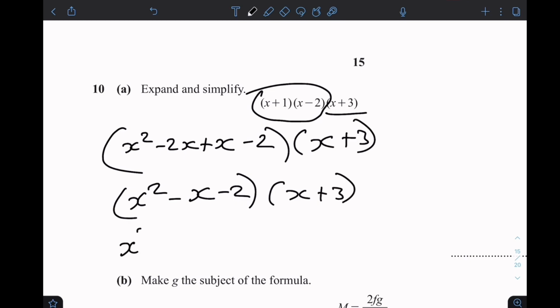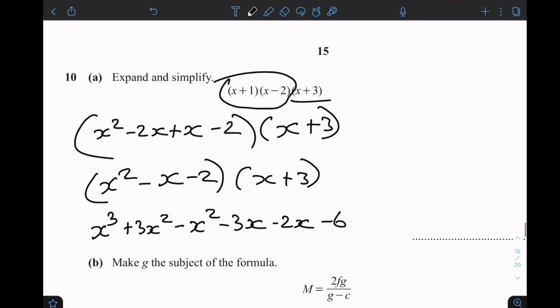So then you have x cubed plus 3x squared minus x squared minus 3x minus 2x minus 6. So that should be x cubed plus 2x squared minus 5x minus 6.